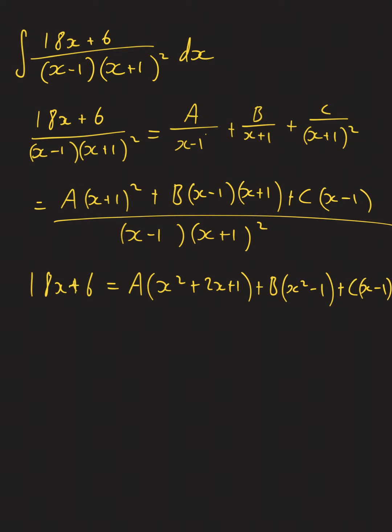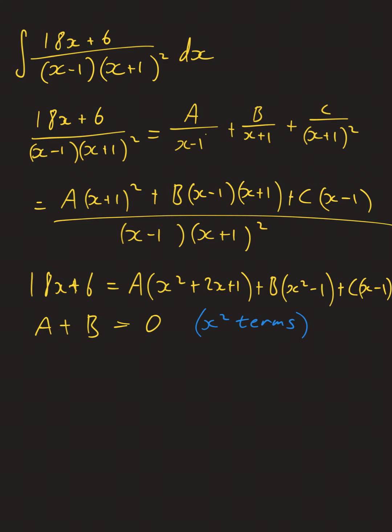So that's the equation saying that the numerator of those two fractions must be the same. Now I can compare the terms. So I have no x squared term on the left. So that means that a plus b must be equal to 0, because I have ax squared and bx squared.